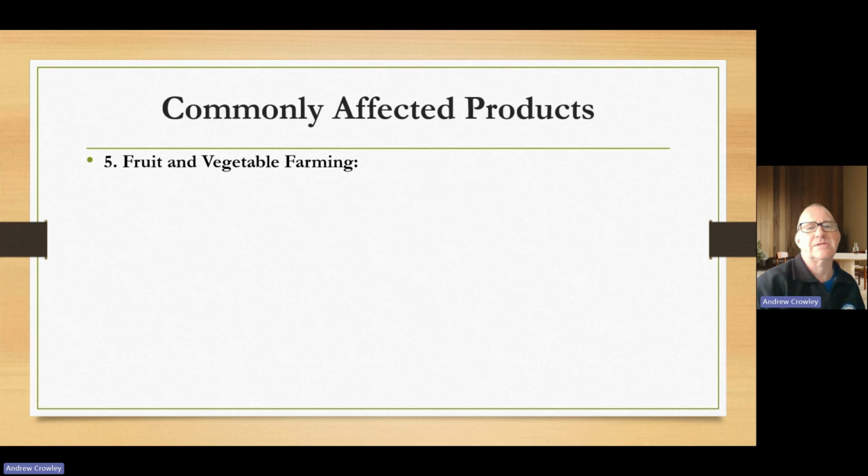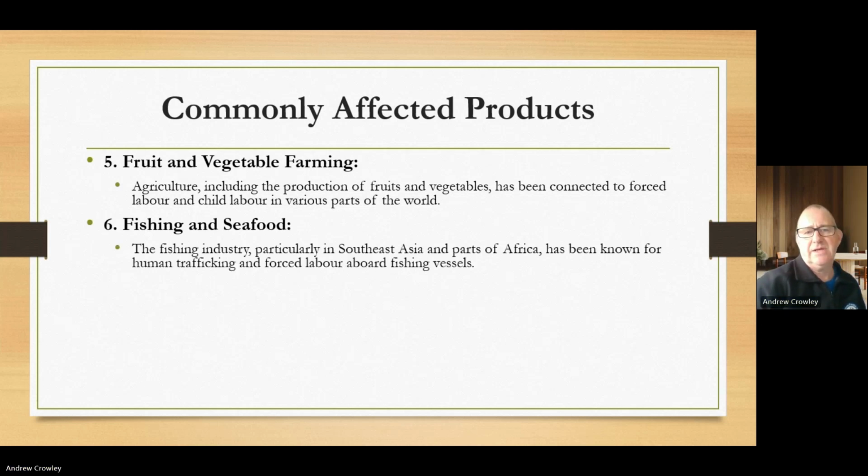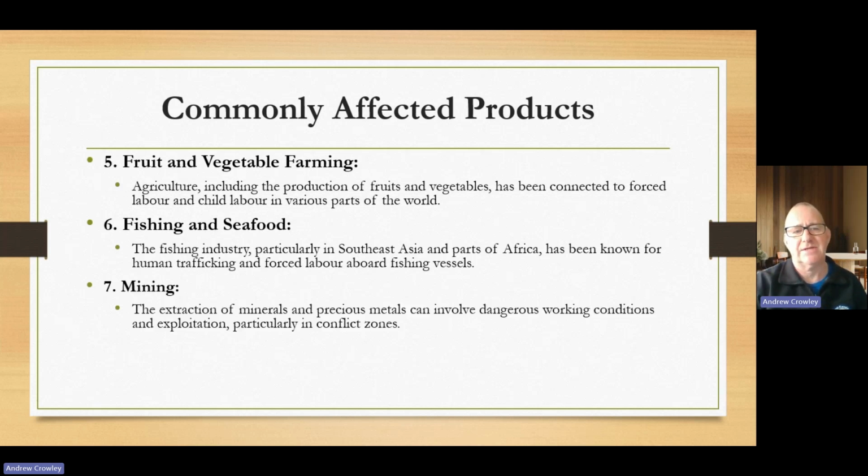The list goes on. Farming is connected with forced labour and child labour practices around the world. Fishing and seafood, in Southeast Asia and parts of Africa in particular: we have human trafficking involved in that trade, as well as forced labour aboard the fishing vessels. Mining, extraction of minerals including copper and cobalt, the raw materials that go to make modern electronic equipment and your electric cars.